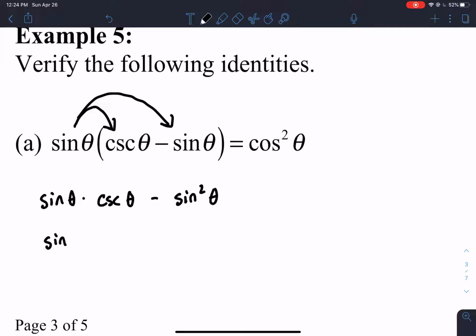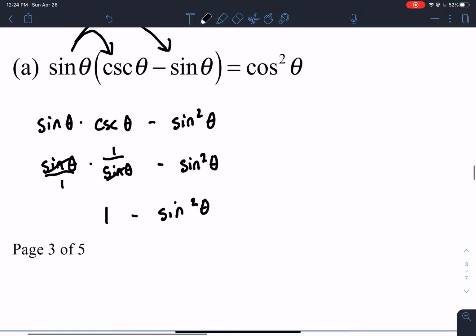So if I substitute that in, sine of theta over 1 times 1 over sine is just 1. So 1 minus sine squared. If you look at your Pythagorean identities, sine squared plus cosine squared is 1, so 1 minus sine squared must be cosine squared. That is the same thing as what we had over here, so we are finished.